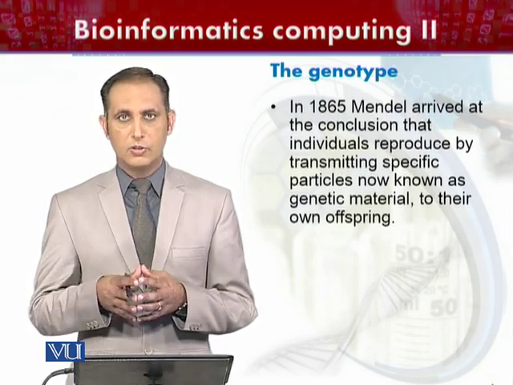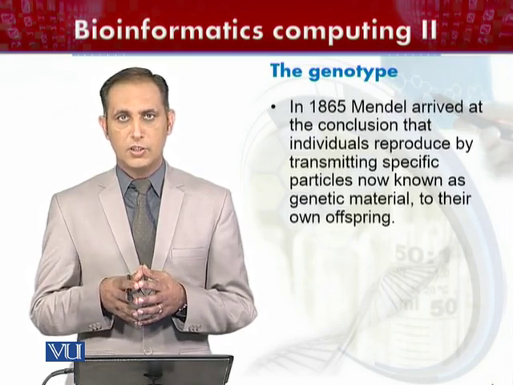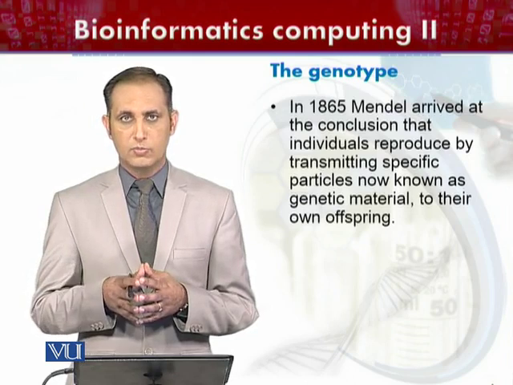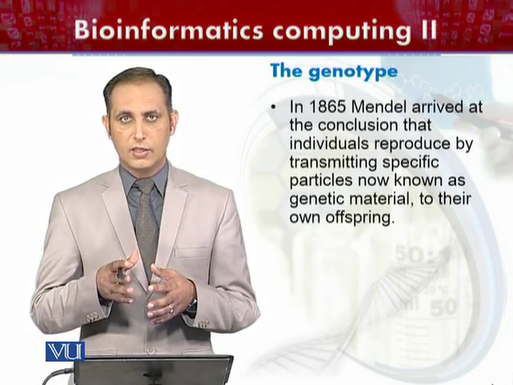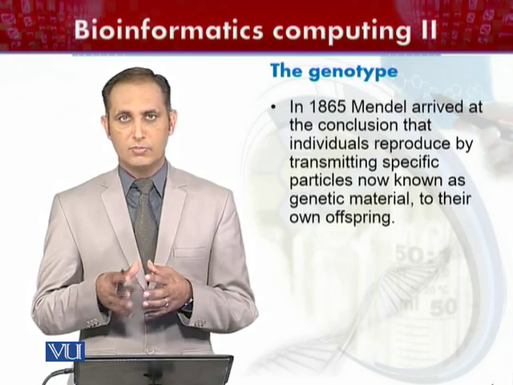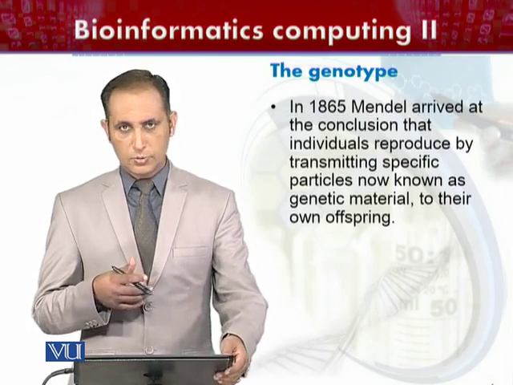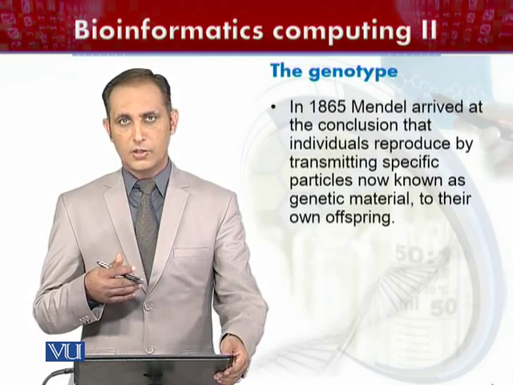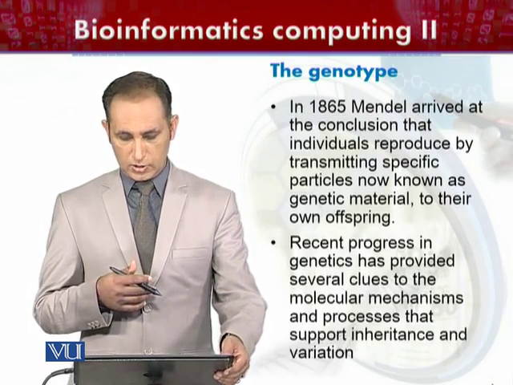He didn't name these particles the genetic material, but later on they were named the genes. The concept of the gene came later than Mendel's time, but he really identified the theme about these genetic materials, and he postulated that organisms transmit these characteristics or particles to their offspring during sexual reproduction.